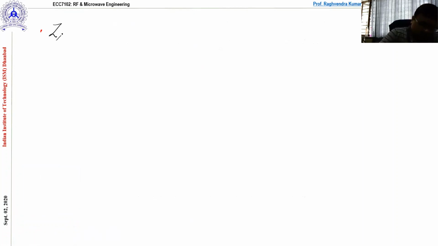So far we focused over Zi. What is Zi? This is the input impedance. Correct. And this input impedance we have seen sometimes due to the short and load and different complex things.